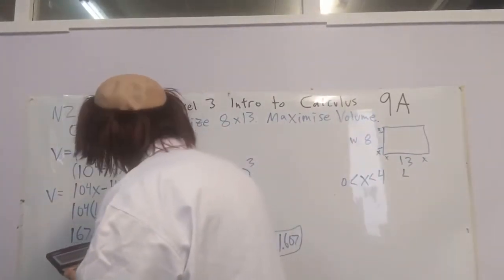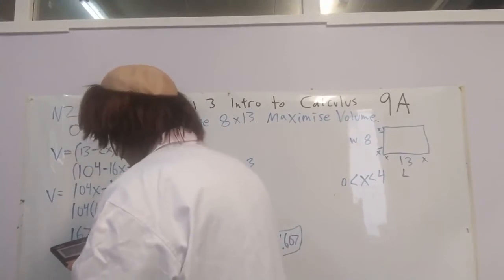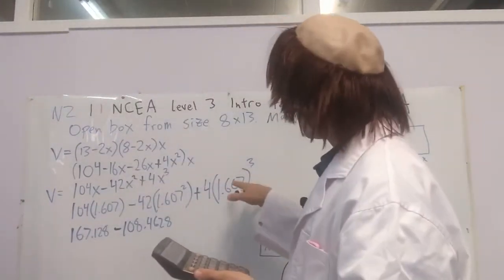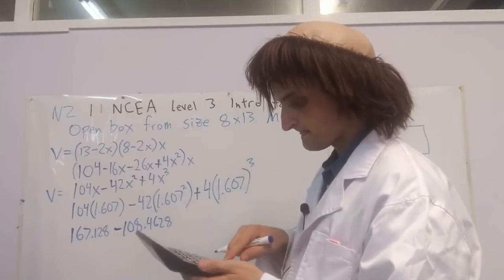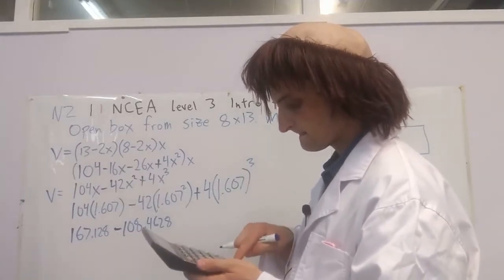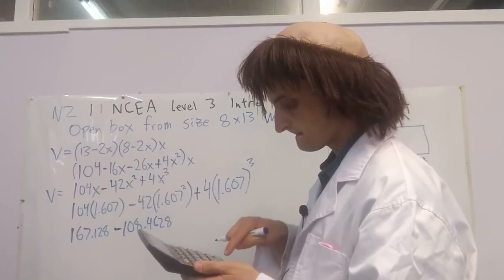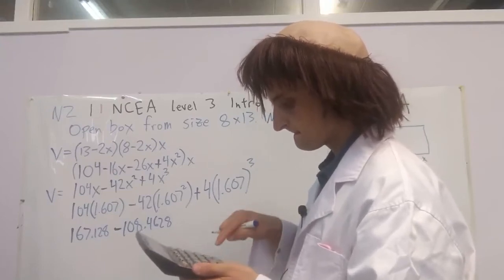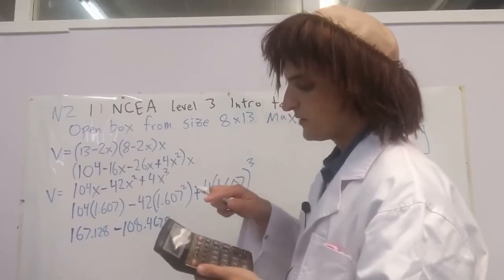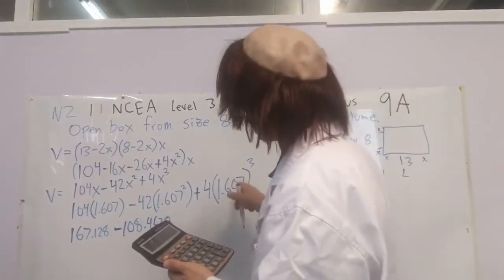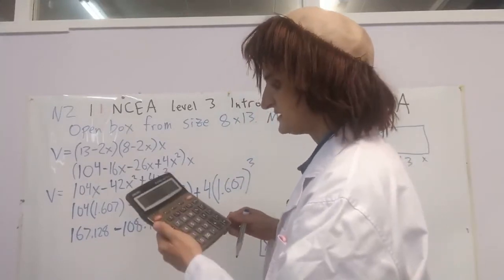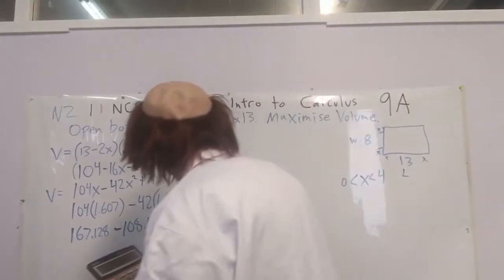So we get minus 108.4628. And we have to cube 1.607. That equals 4.149, times 4, 16.599.